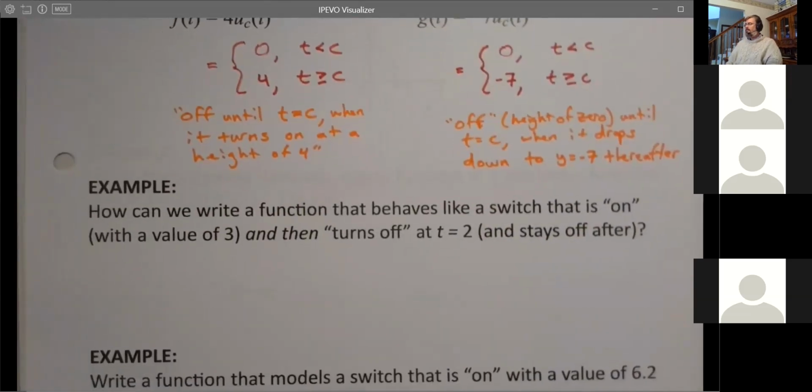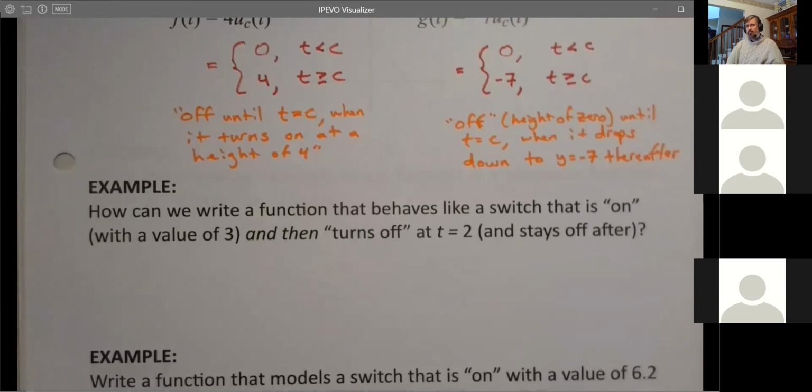Right? So how about this? How can we write a function that behaves like a switch that starts off on? Starts off as in the on position with a value of 3 and then turns off, drops down to 0 at t equals 2. So how do we reverse this process? I think you just reverse it piecewise, right?